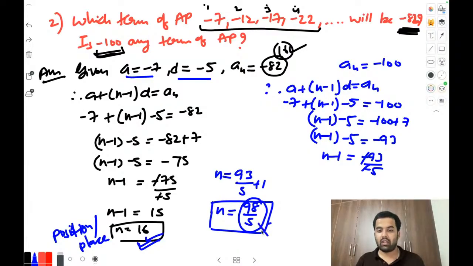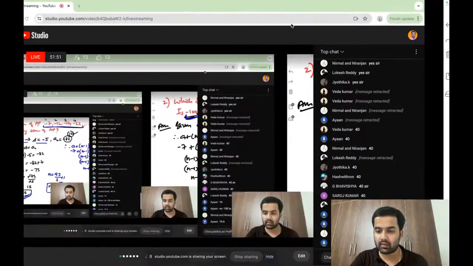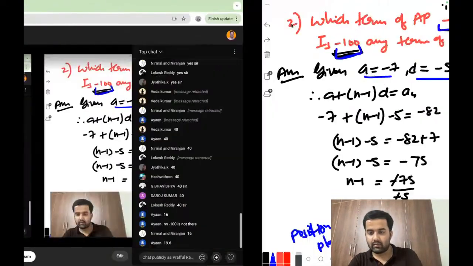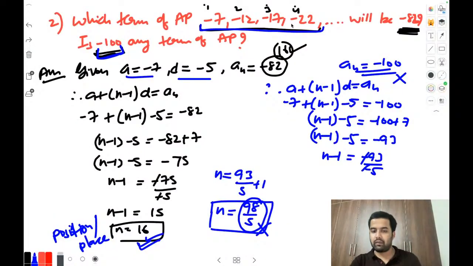So if the n value we are getting is a fraction, which means this -100 is not a number in the AP. I'm repeating it again. This -100 is not a number in this particular AP. Understood this, everyone? No need to go for the decimal, no need to write. We got a fraction here, which means -100 is not a number in this AP. It will not come.